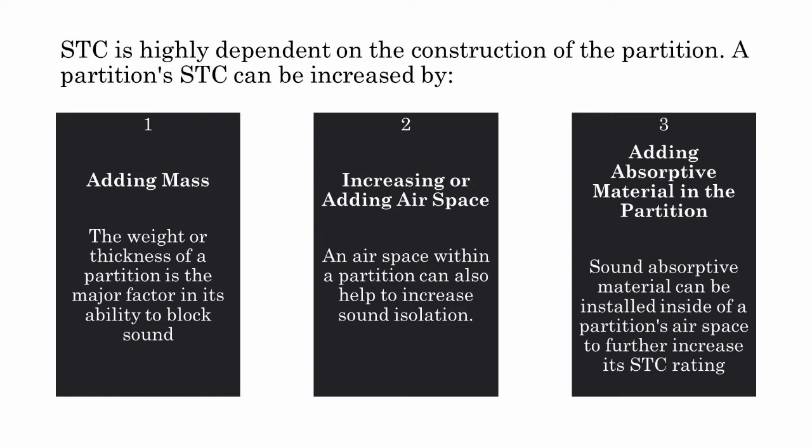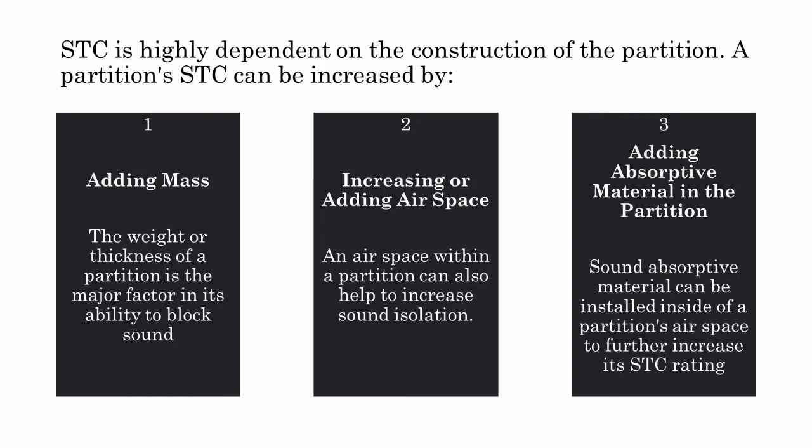A partition's STC can be increased by, number 1, adding mass. The weight or thickness of a partition is the major factor in its ability to block sound. This simply means that the more weight or thickness, the more capability for it to block the sound. Number 2, it is the increasing or adding airspace.